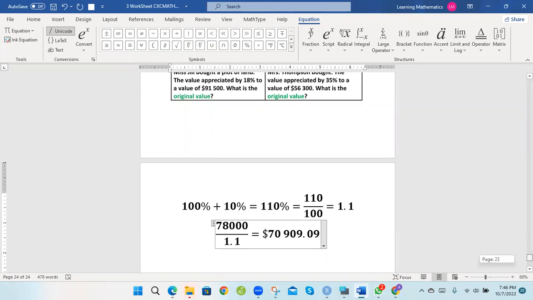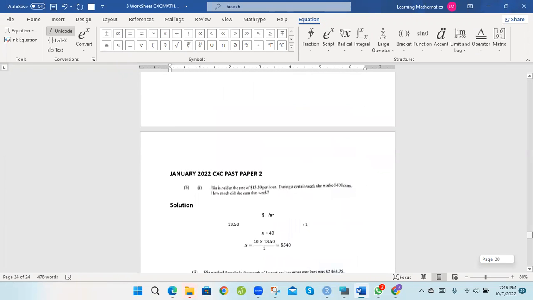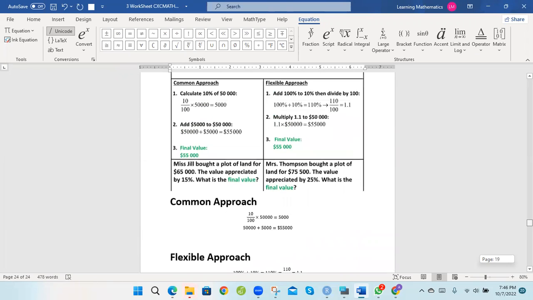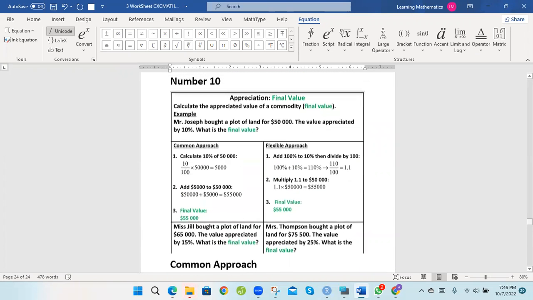So therefore, if we go back to the original example we are using, if you started with 55,000 and you want to get back to the 50,000, you say 100% plus 10% will give you 1.1. And you know what you do? You just divide 55,000 by 1.1. You're going to get back the 50,000.